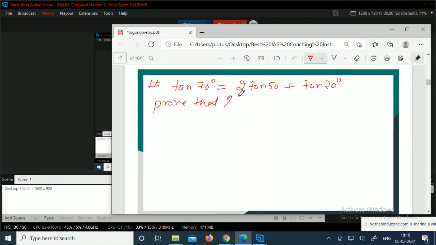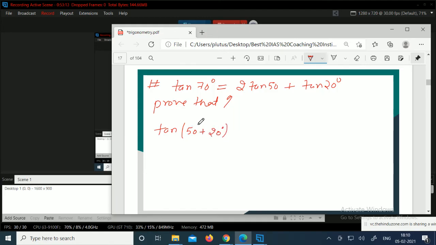So if this kind of variation is given, if 70 can be broken into 50 and 20, the whole idea is to use A plus B kind of formula. So we can write sin 70 as 50 plus 20, isn't it?